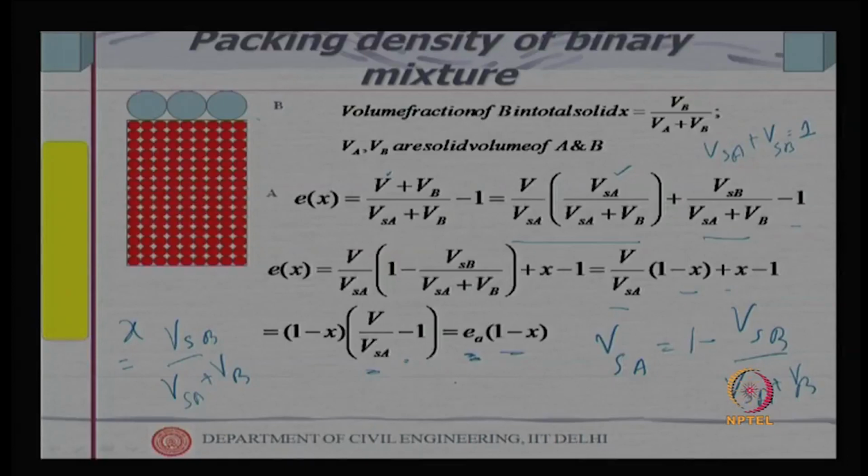Let me repeat this process. What have I done? I have added some coarse aggregate into the fine system. If I just add a few of them and push them a little bit from the top, a small amount, it is unlikely to disturb the packing characteristics of the fine aggregate too much, because the fine aggregate quantity is very large.